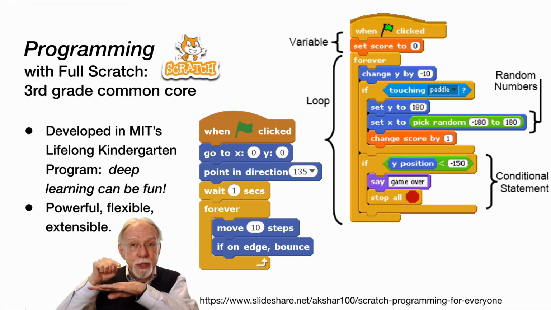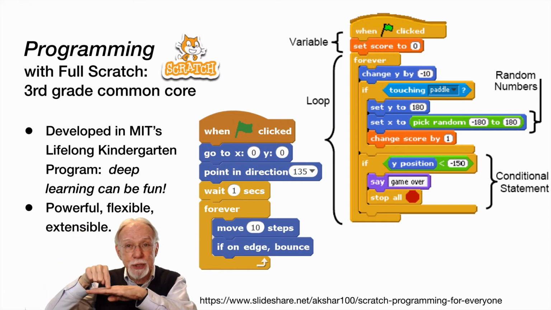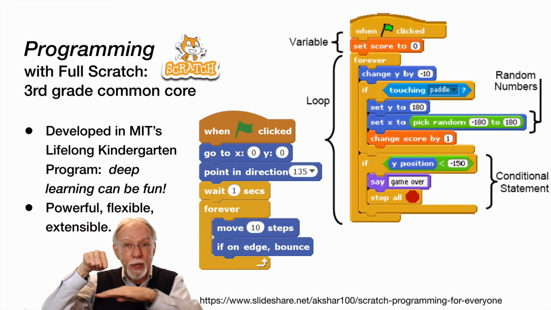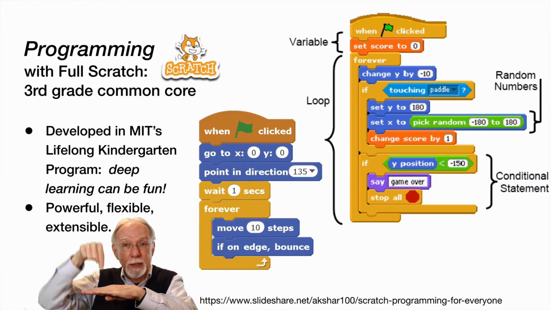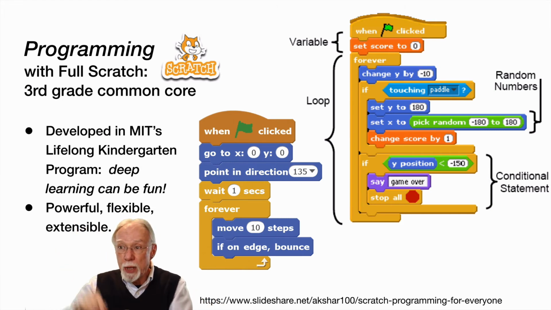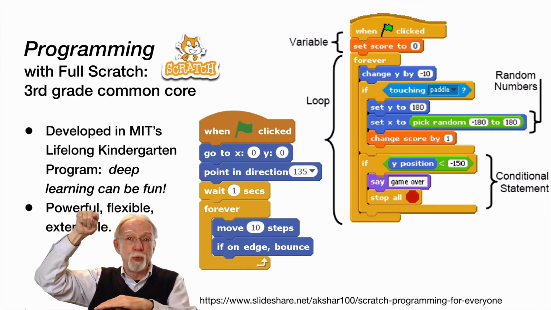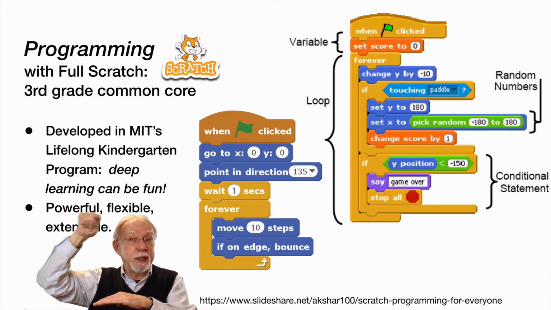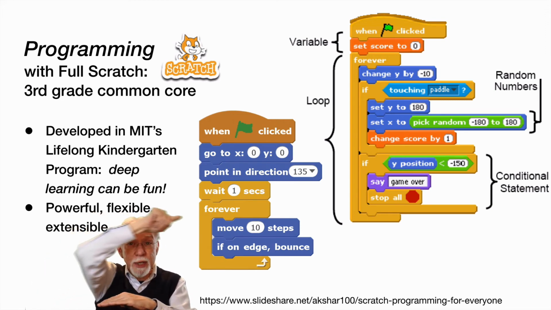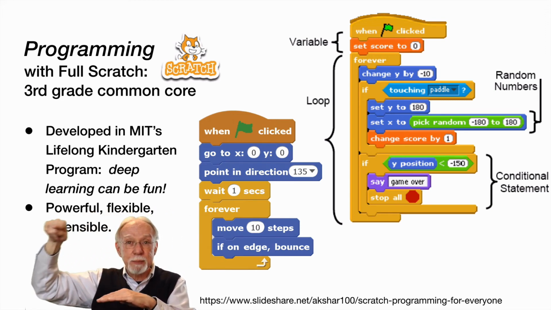If it touches the paddle, meaning if a ball touches the paddle moving back and forth, the student moving the paddle so that the ball is kind of caught, then move the ball back up to point y equals 180, the top of the screen, and randomly someplace in the x-axis back and forth.